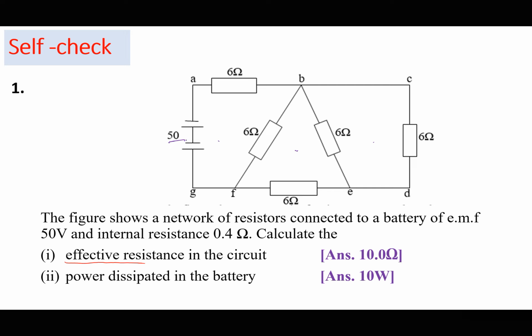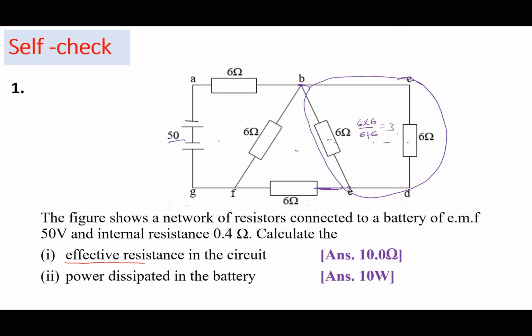However, if you don't follow Kirchhoff's laws, remember these two are in parallel because they have two common points. So you combine them as 6 times 6 over 6 plus 6, which gives us 3. So this becomes one resistor of 3 ohms joined to that point.